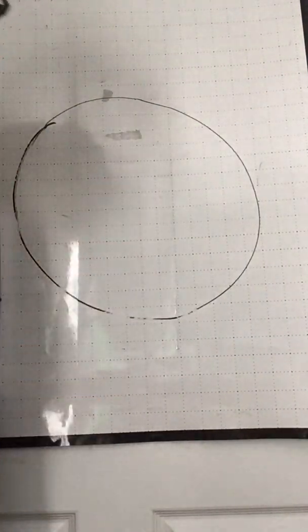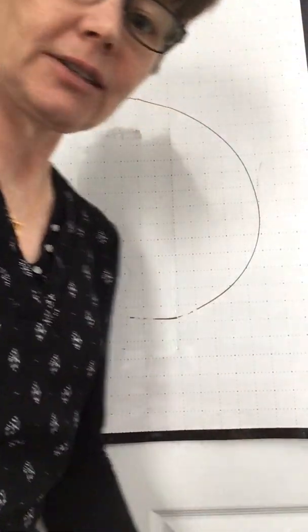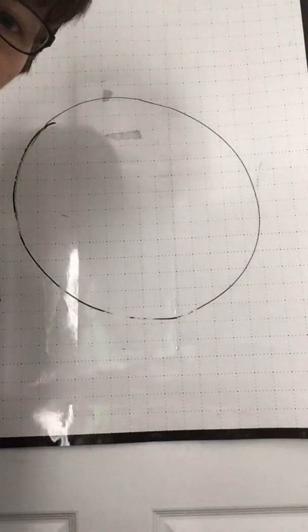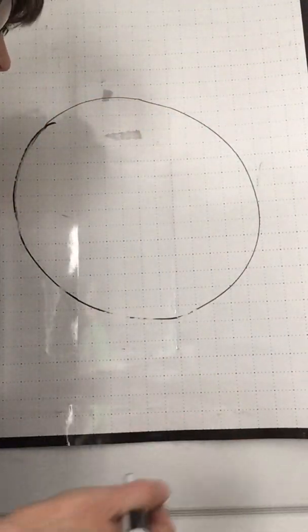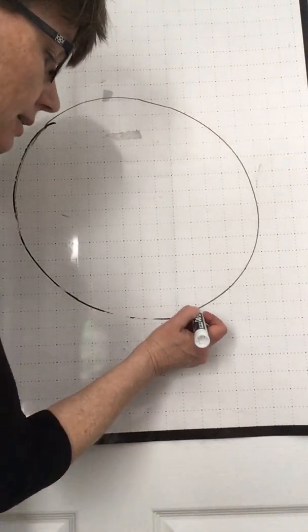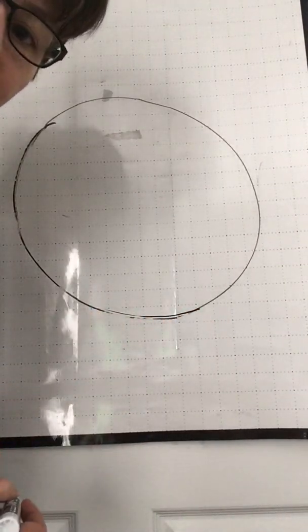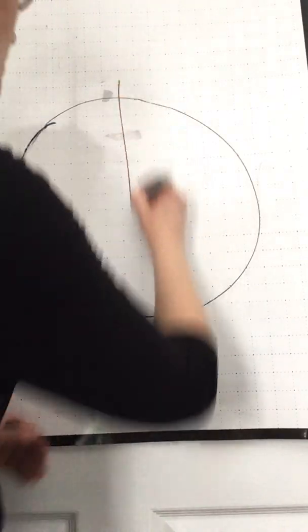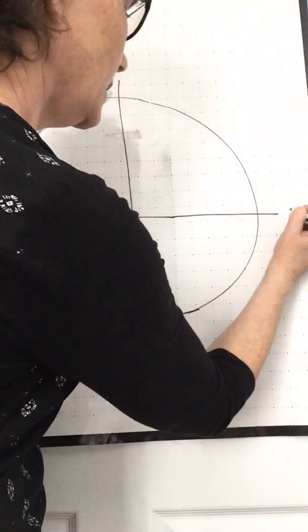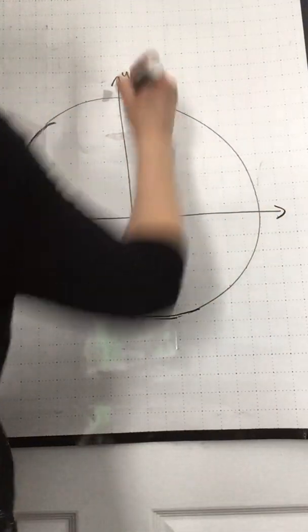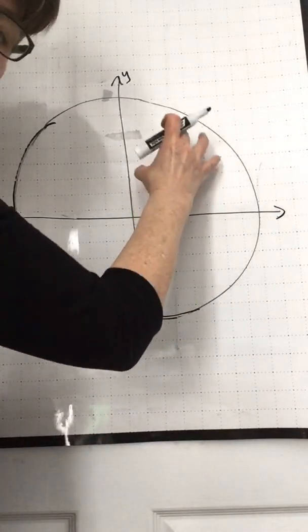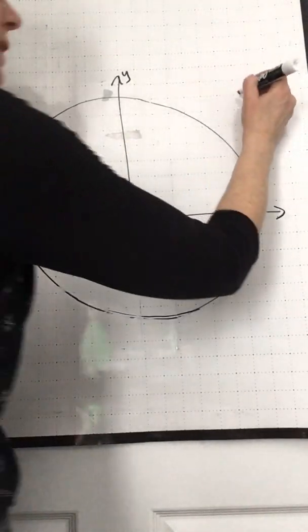Now, a quick and easy way, well, I think over the years, I figured out this is maybe the easiest way to be talking about ordered pairs in a unit circle. So if we have our x-axis here, y-axis here, and we just concentrate on only quadrant 1, okay?